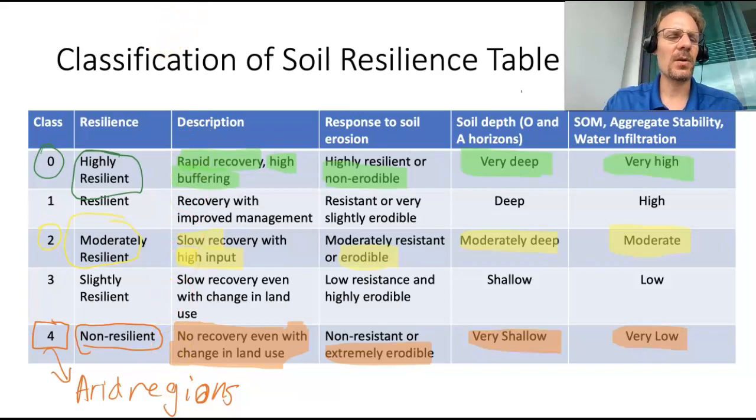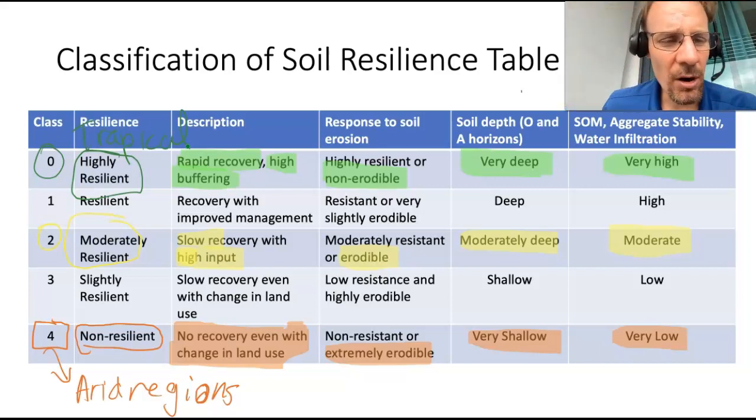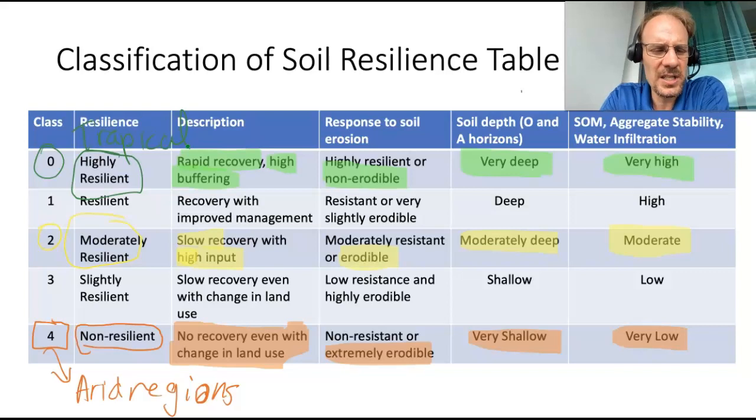Also, our highly resilient soils tend to be soils with high rainfall or in tropical regions. Now, again, please understand that there are soils in tropical regions that would be non-resilient, and there are soils in arid regions that could be classified as highly resilient.